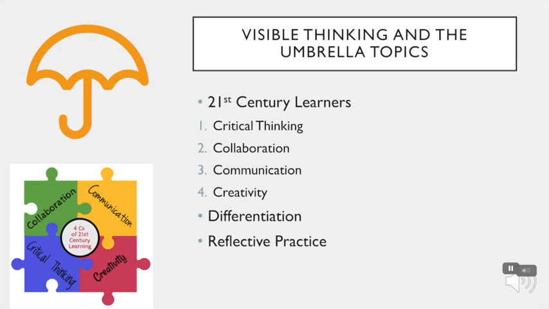So the 4 C's of 21st century learning are listed above. So critical thinking, collaboration, communication, and creativity. So a lot of visible thinking activities ask students to critically think because they're looking at their own thinking process and they're actually pinpointing different parts of it and making this visible.